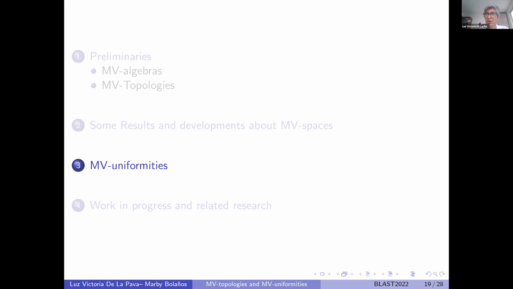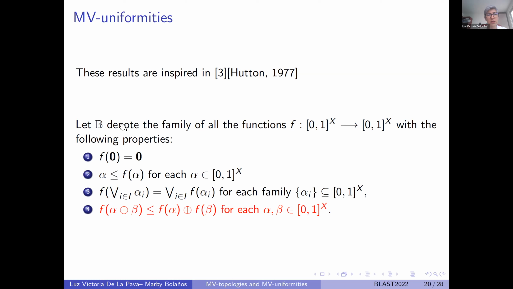So finally we will get into the MV uniformities. Again, our work is inspired by Hutton's work about uniformities on fuzzy topological spaces. He defined a family of all the functions f from [0,1]^X to [0,1]^X with the three following properties.